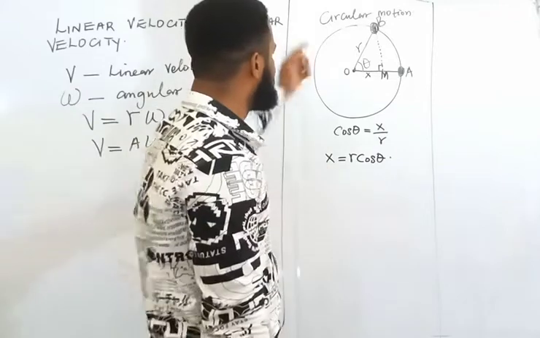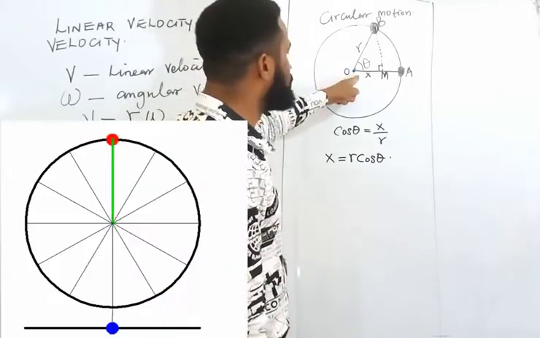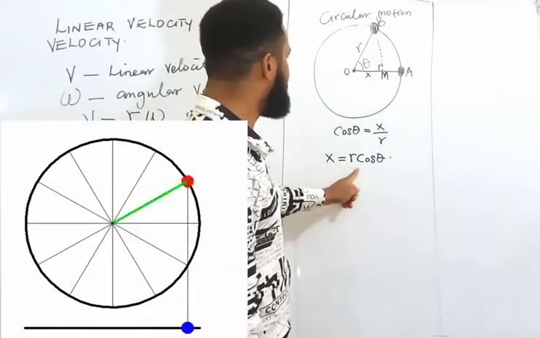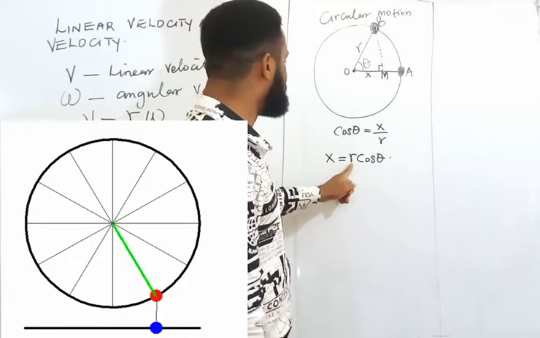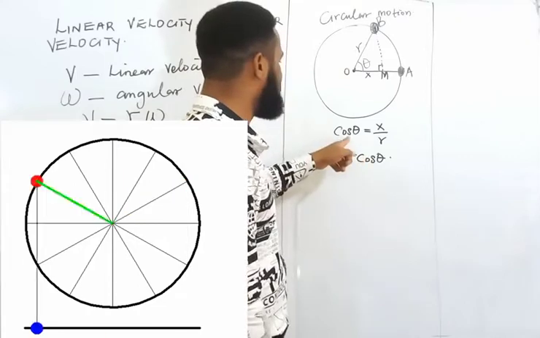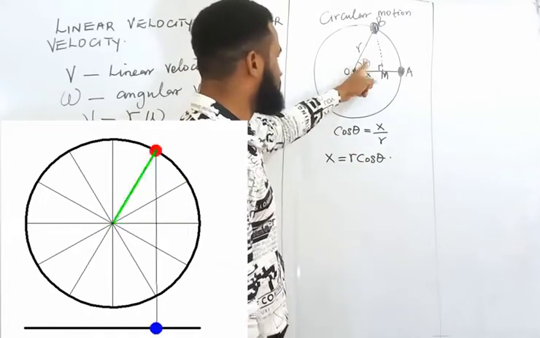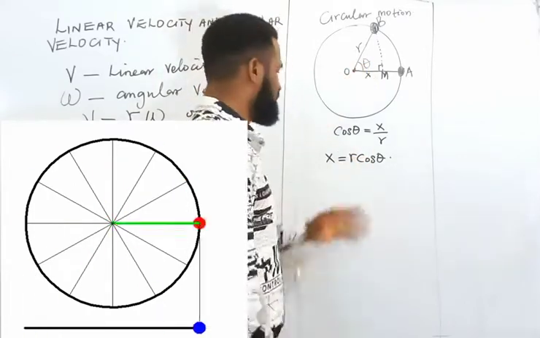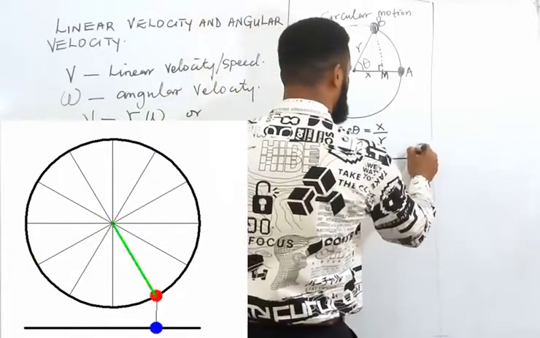That means this distance from O to M is given as the radius or the amplitude of this body in circular motion multiplied by the cos of the angular displacement theta. I'm going to call this equation 1.